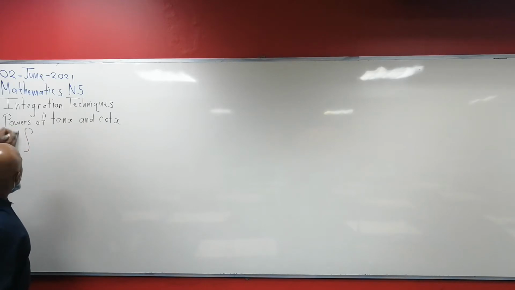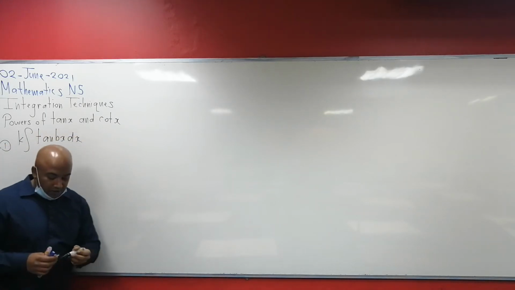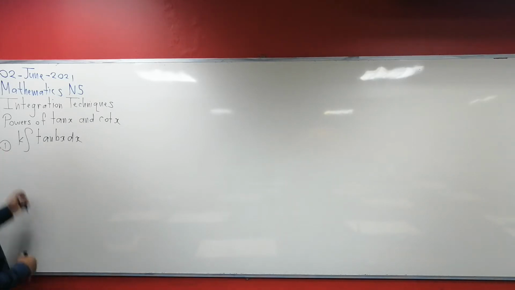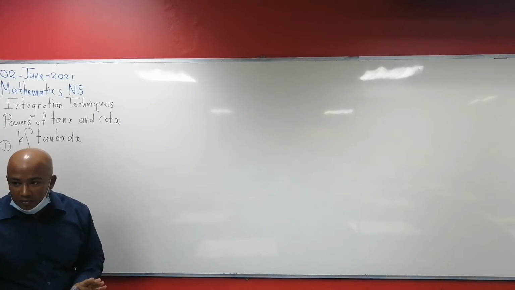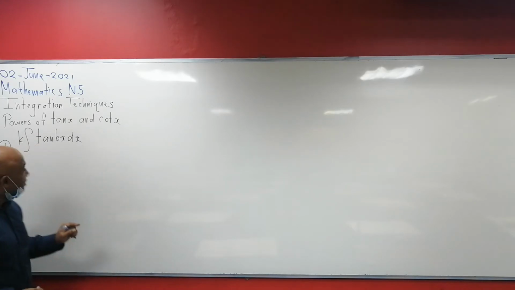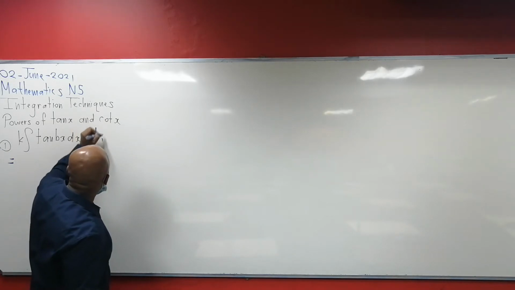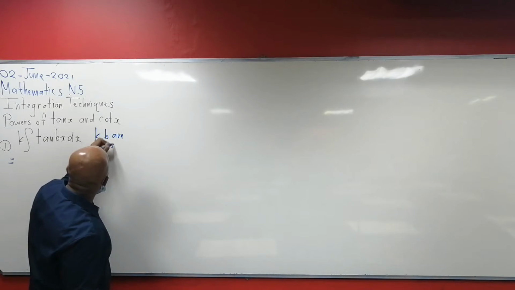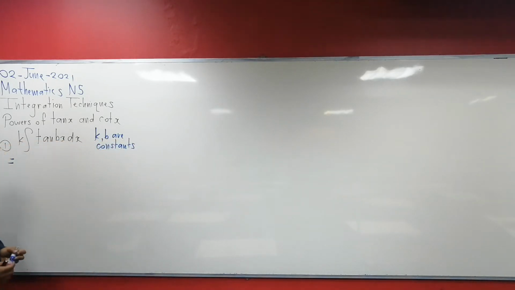So we've got the integral, so let's make this k tan bx. When you integrate tan, you will find it straight on the formula sheet. It's a standard integral. Remember, k and b are constants.